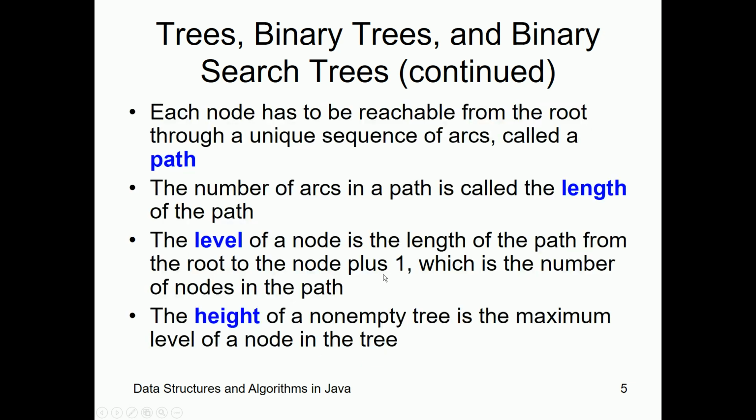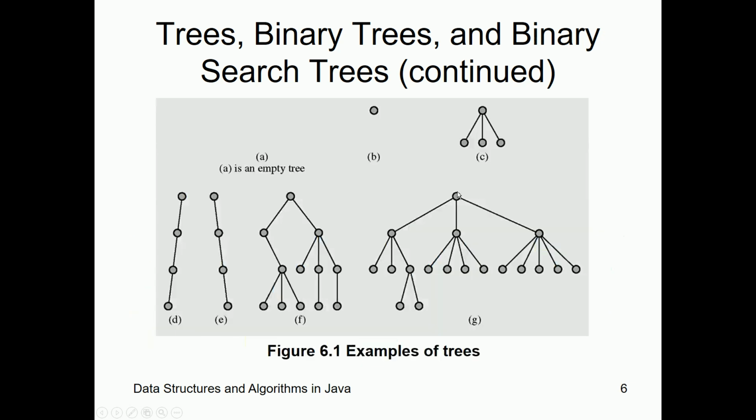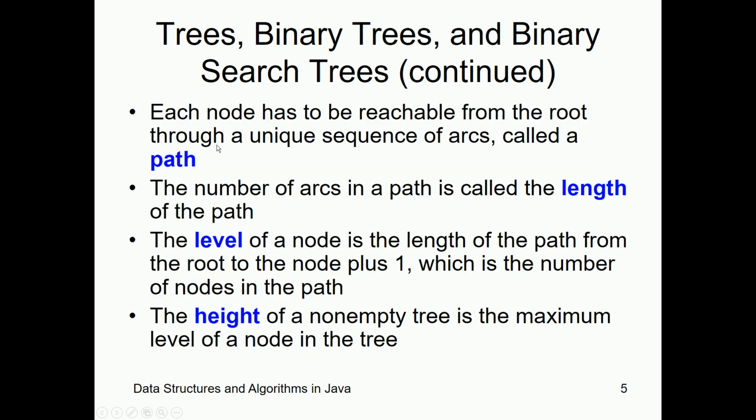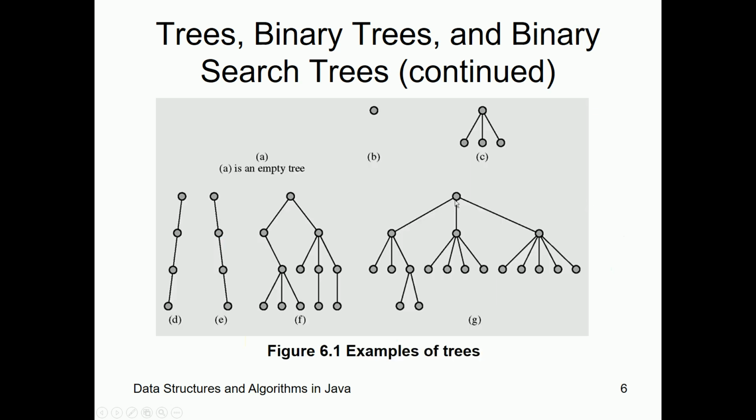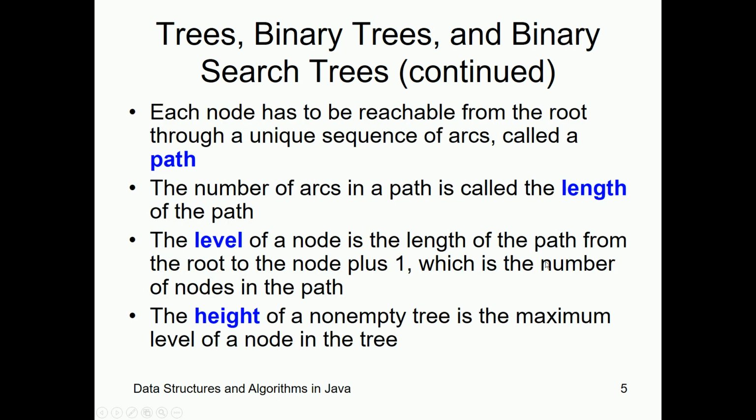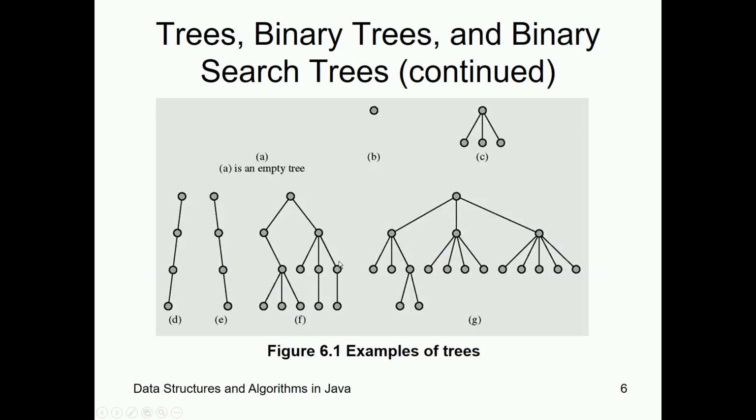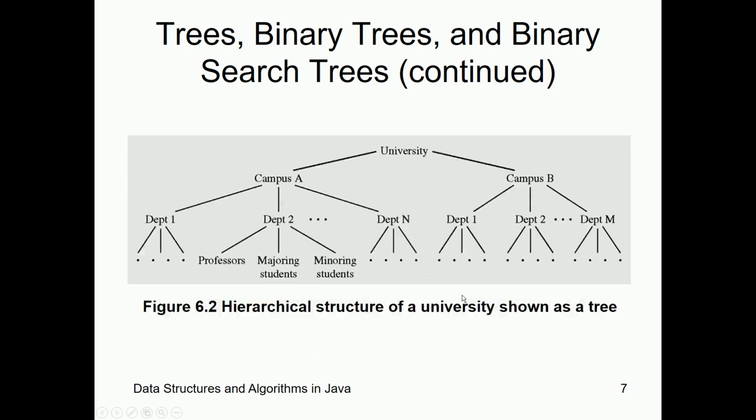We also have the path, which is the one that takes you from the root until the leaf, or the length, which is how many nodes we cross in that path, and the level that tells you how many levels we have. Nodes on the same level are those that are on the same kind of level.